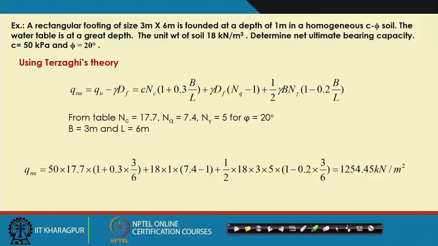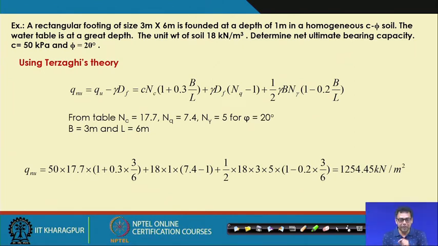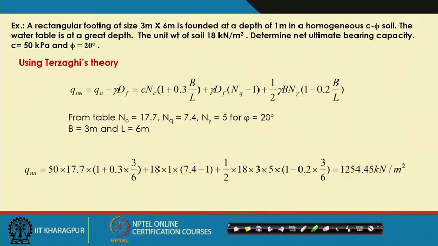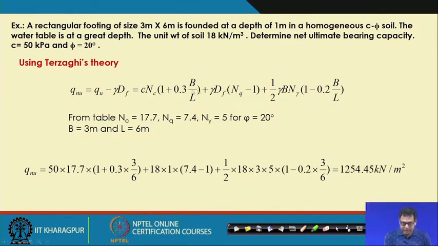Here I have taken C equal to 50 kPa and phi equal to 20 degrees, whereas previously in lecture 13 I solved the similar problem with phi equal to 40 degrees and C equal to 0. In the next problem I will solve with phi equal to 0 and C with some value, and then we will make a table and compare the differences between all the theories. The bearing capacity expression is the same for this case, and I can use Terzaghi, and if it is pure clay then I can use Skempton also.